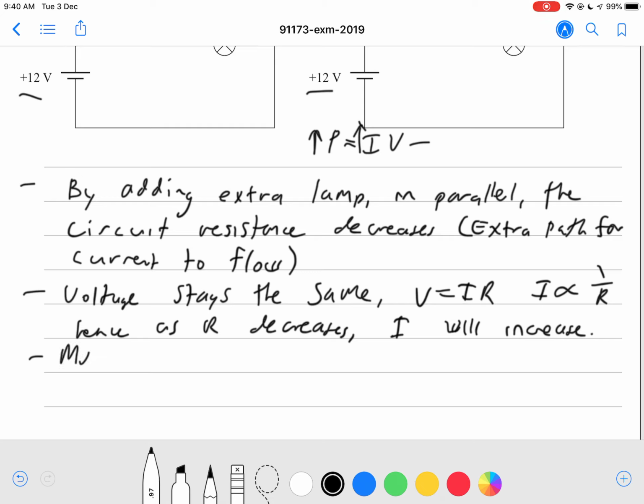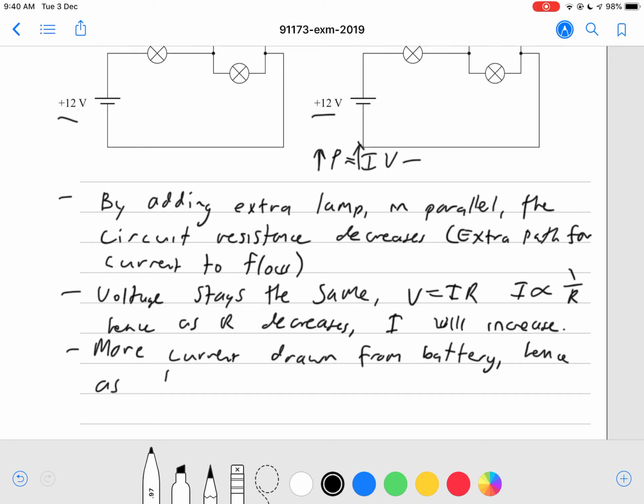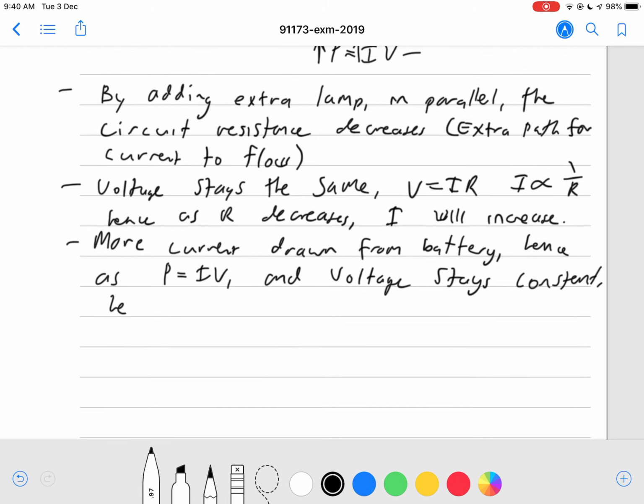Okay, so more current drawn from the battery. Hence as P equals IV, voltage stays constant.